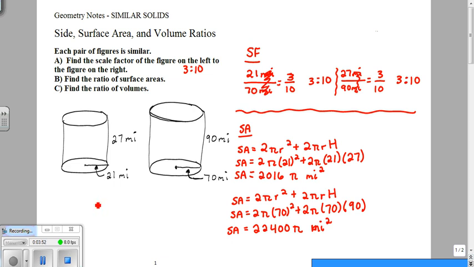So for my ratio, I have 2016 pi miles squared over 22,400 pi miles squared. The pi and my miles squared can be canceled out.